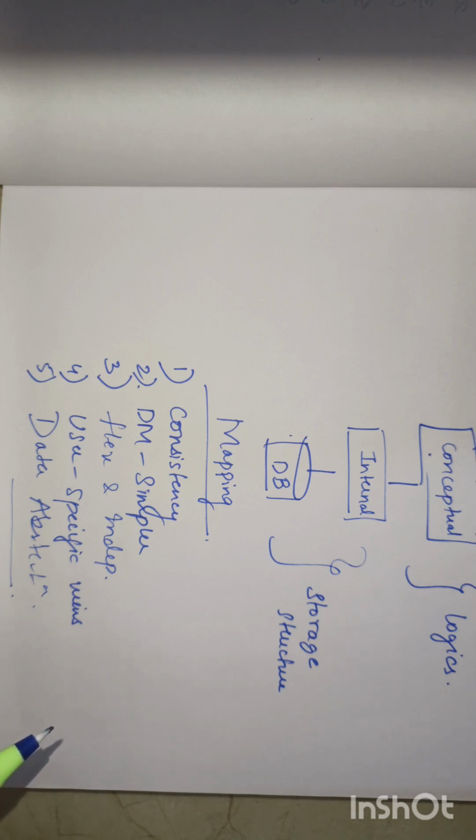Data abstraction is a concept where you can clearly highlight or show how the data is separated from the physical storage and from the logical representation. So it allows for the data abstraction separating the physical storage of the data from its logical representation. This separation ensures that changes to any physical structure does not impact the logical structure or the user schema.